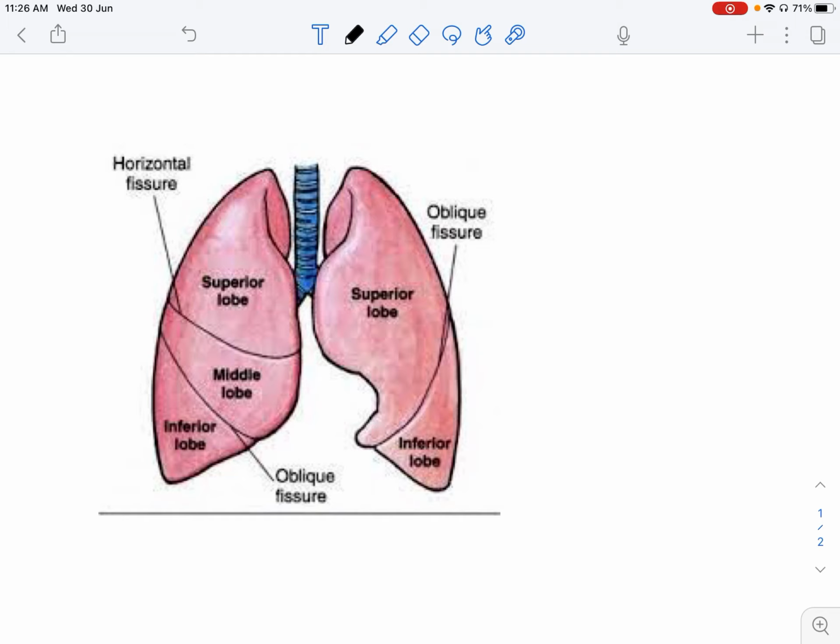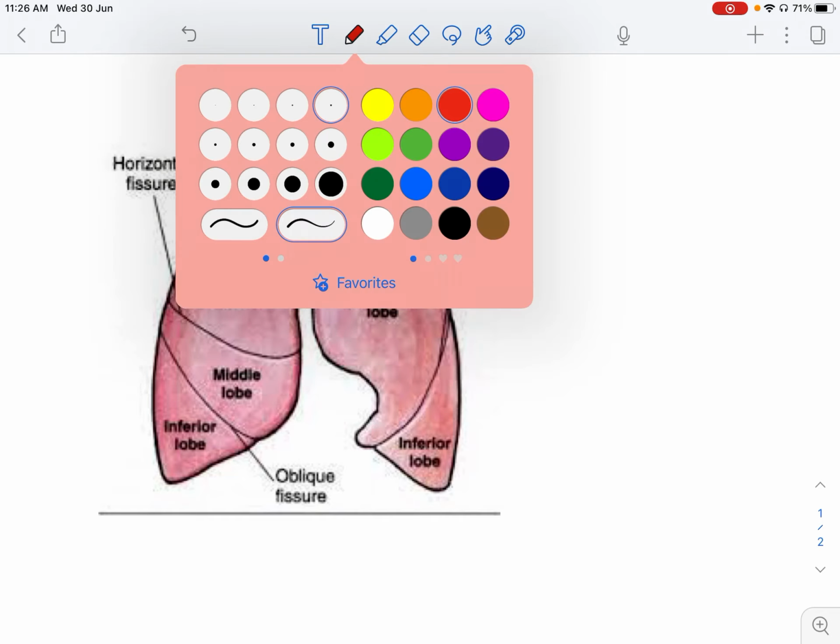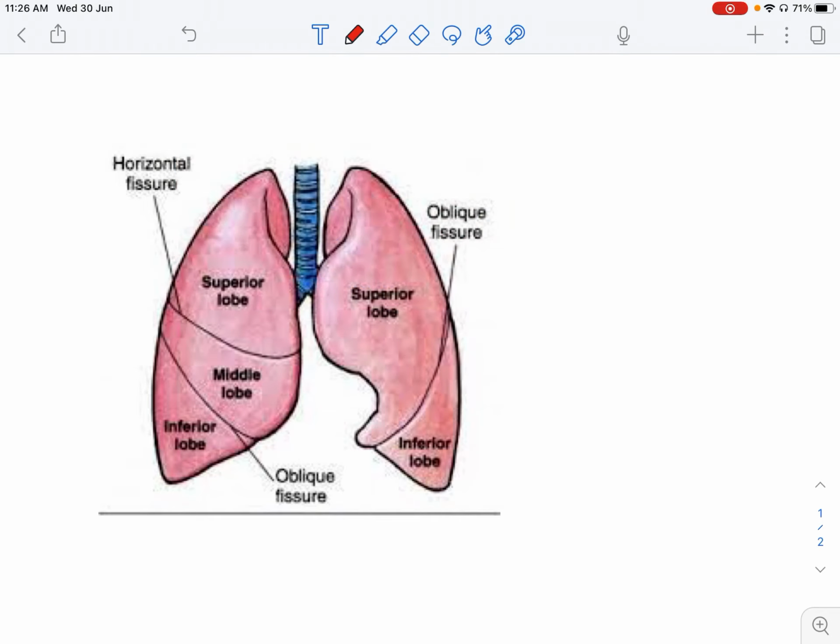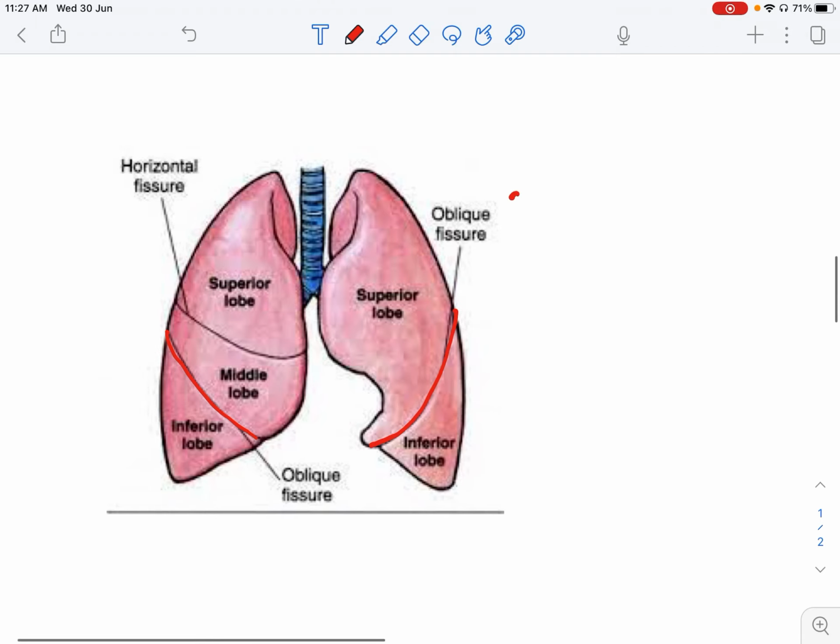So what you can see, the common thing between these two lungs or two sides of the lungs is this oblique fissure. It is a common fissure. Okay, so it is present on the right side as well as the left side. So as far as this oblique fissure is concerned, we also call it as the main fissure of lung.